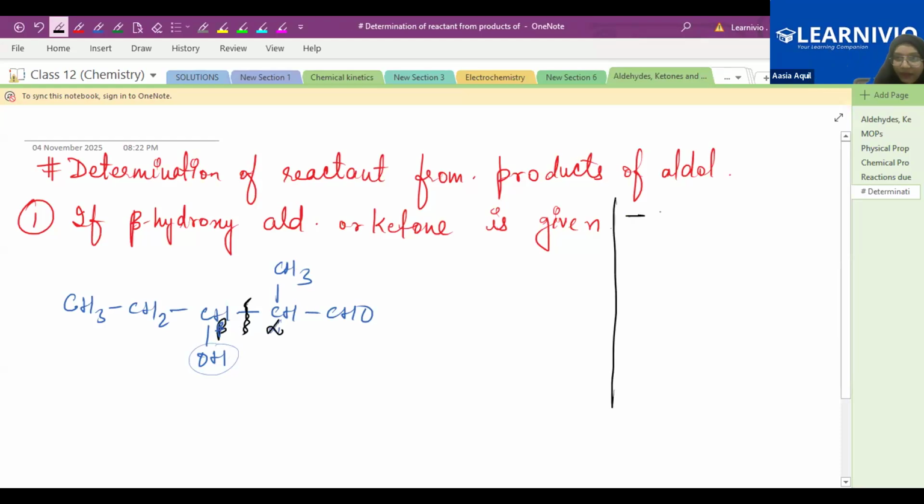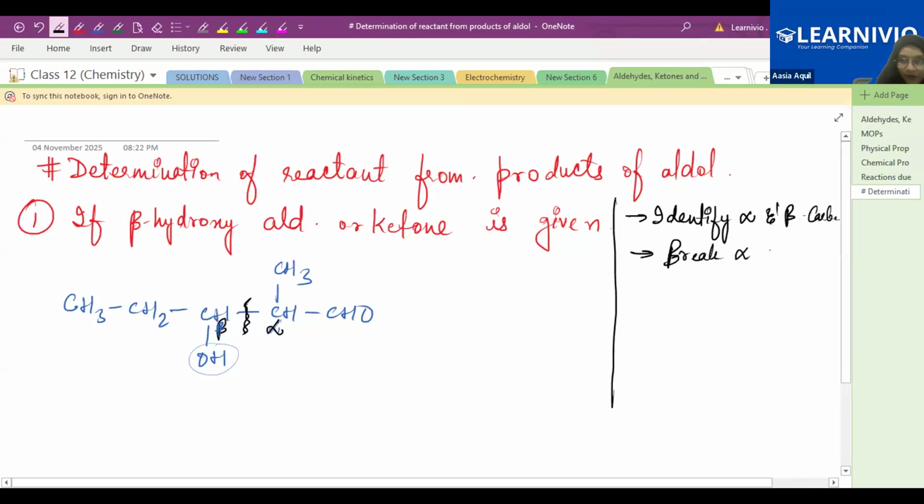First क्या करोगे आप? You have to identify alpha and beta position. Beta carbons आपने select कर लिया. Second step, just break the alpha beta bond.